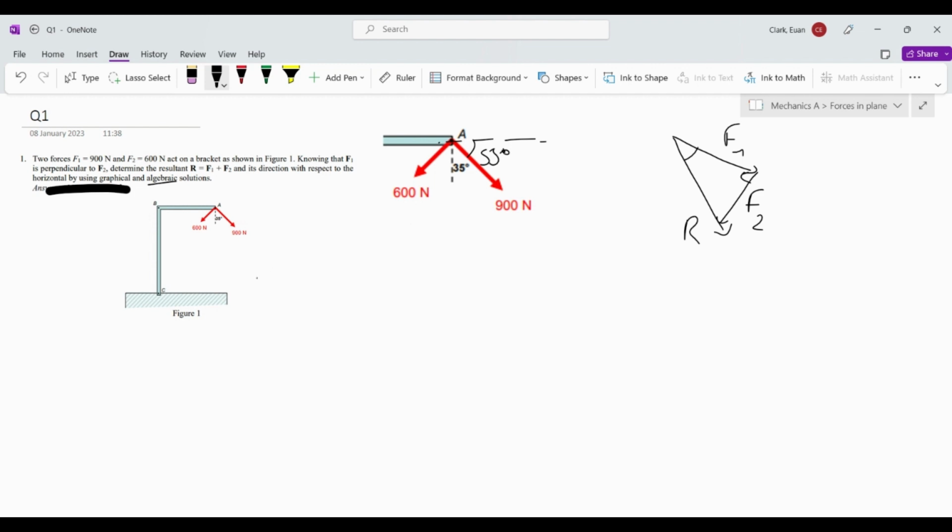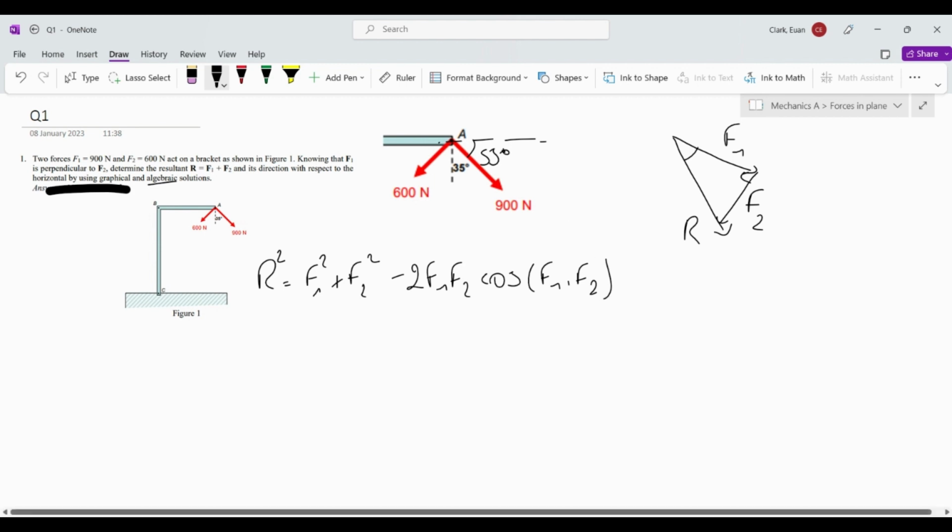The formula to calculate R, in any triangle with any angle: R squared is equal to F1 squared plus F2 squared minus 2 times F1 F2 cosine of the angle between them.